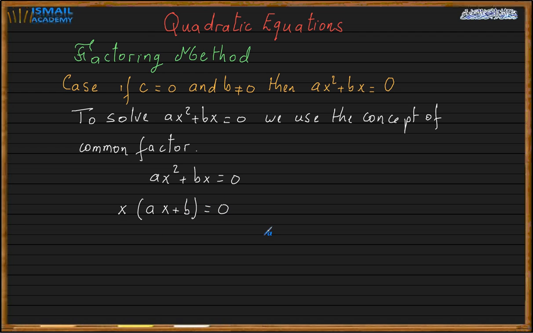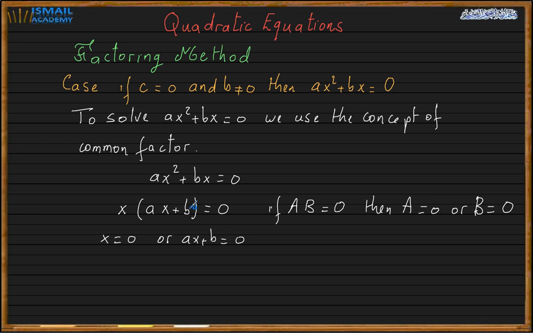Now we know that the product of two numbers is 0 if one of them is 0. This is a property: if a times b equals 0, then either a equals 0 or b equals 0. So we have either x equals 0 or ax plus b equals 0. Now you change it from a quadratic to two linear equations. So this is already solved.